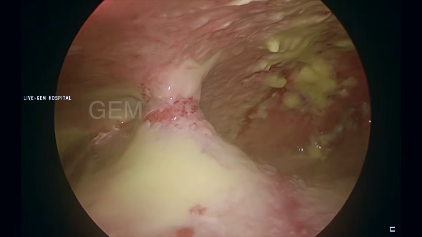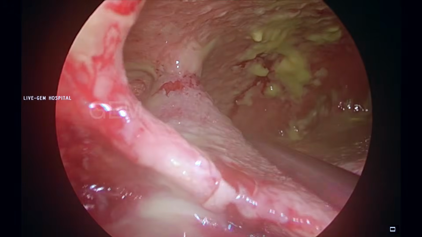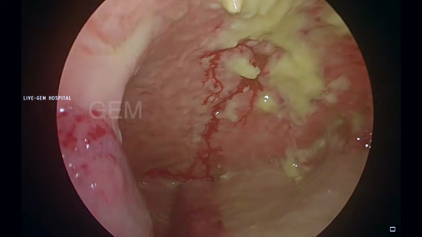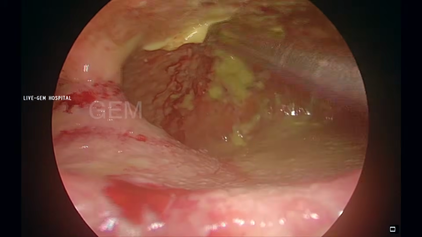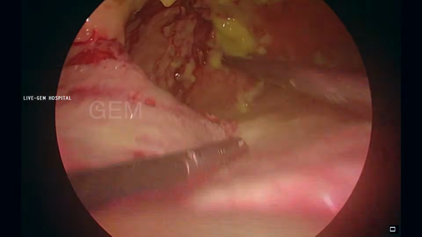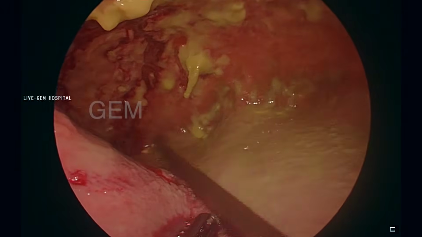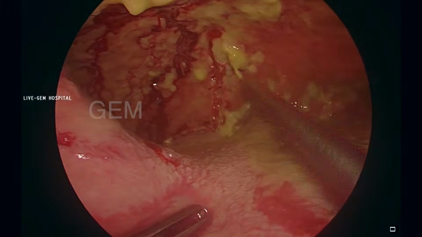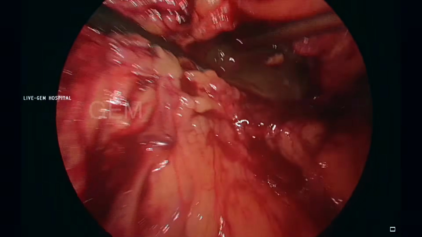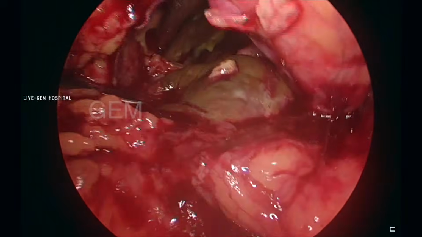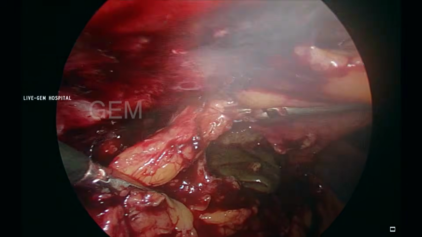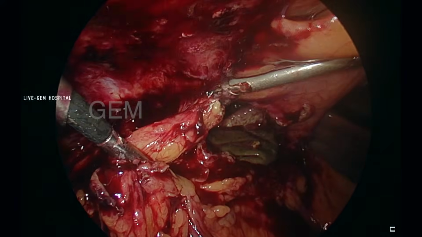So if it is mildly symptomatic, we have to operate immediately. Now there are adhesions of the liver to the subdiaphragm also. Now I am trying to release the adhesions so that I can see the liver well.